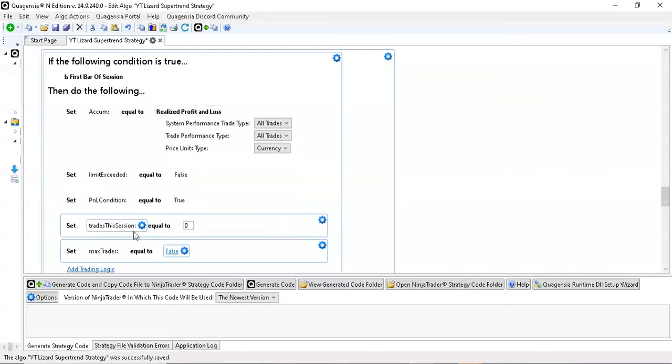So trades this session will be set to 0 at the beginning of the session, and the max trades will also be set back to false.